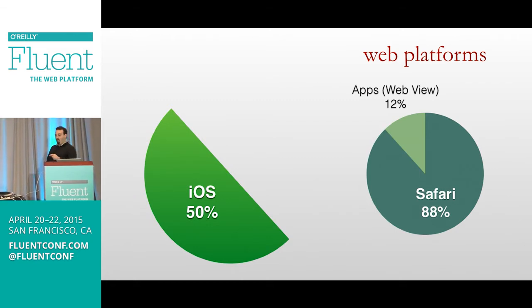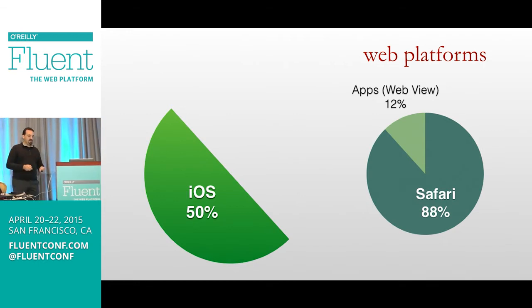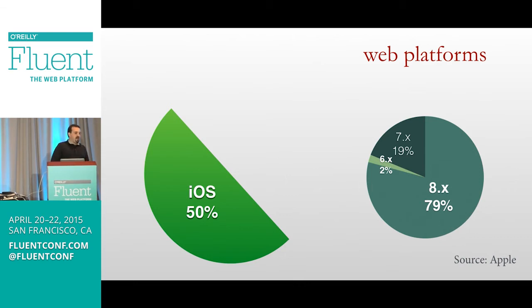Performance is different on a web view than on Safari on the same device. And in terms of versions, that also means different APIs and different things that we can do in terms of performance. Right now, today, we have 80% of iOS users on the latest version, version 8, and 20% on 7, roughly.